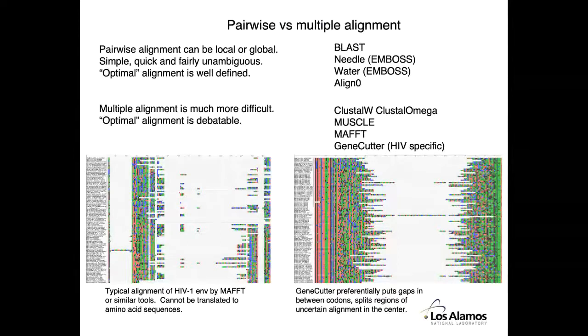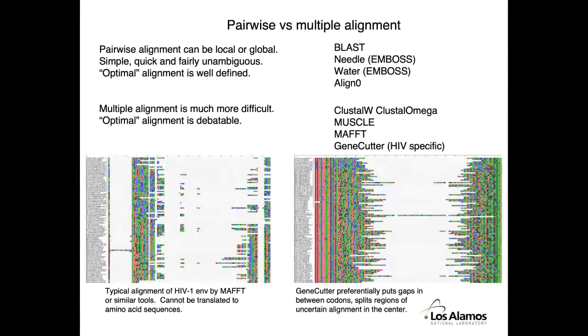And what that does is it makes it so that you can't translate this to amino acid sequence easily. Most alignment viewer programs, you can just click a button to flip back and forth between amino acid view and nucleotide view. But if your sequences aren't aligned in frame with gaps of 3 for a full codon, then it doesn't translate.